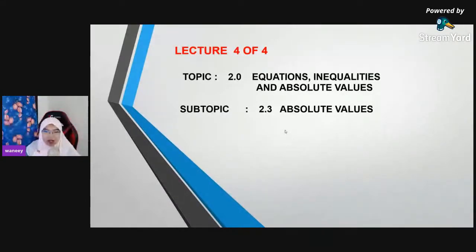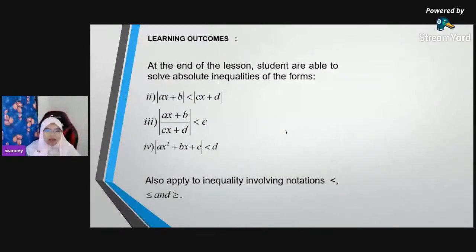Okay, so now next. At the end of the lesson, you should be able to solve absolute inequalities of the form. For the second one, we are going to have modulus on the left hand side and modulus on the right hand side. So we have two modulus: modulus of ax plus b greater than or less than the modulus of cx plus d. Do remember, if we have two modulus, the way we are going to solve this is by squaring both sides. So for this one we use squaring both sides because we have modulus on both sides.